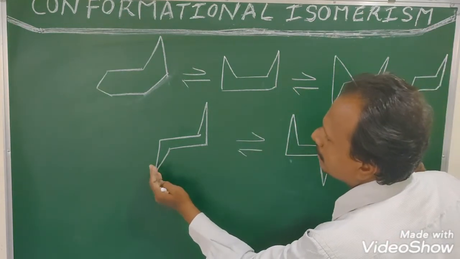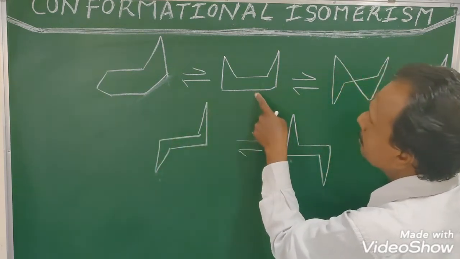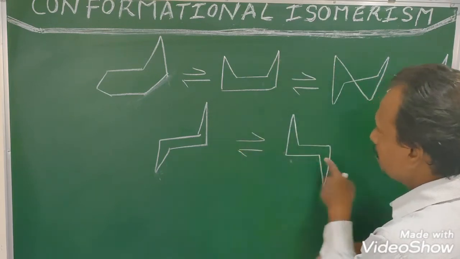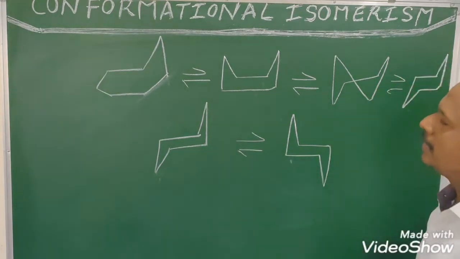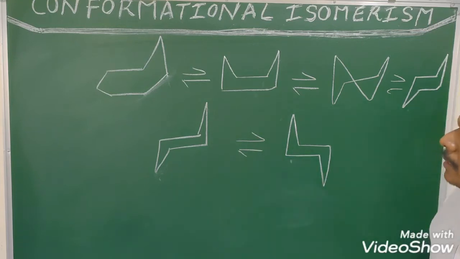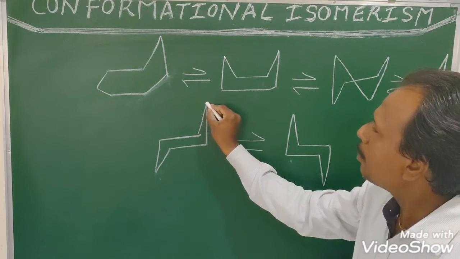This footrest moves upward, and then we obtain the boat. Then this headrest becomes the footrest, and we obtain another chair. These two chairs are always in equal state. Due to this, it is called ring flipping. Due to ring flipping, what happens? In cyclohexane, each carbon has two H atoms.